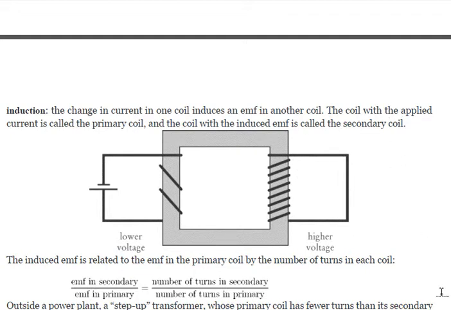The induced EMF here is related to the EMF in the primary coil, depending on the number of turns that each one has. You can see here this one has only a few turns, this one has a bunch of turns, or just how many loops you could probably say instead of how many turns.